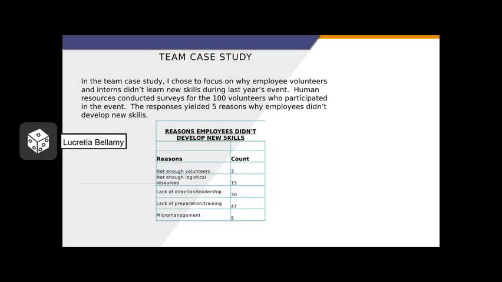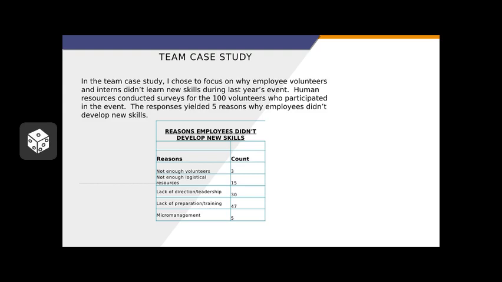In a team case study, I chose to focus on why employee volunteers and interns didn't learn new skills during last year's event. Human Resources conducted surveys for the 100 volunteers who participated in the event. The responses yielded 5 reasons why employees didn't develop new skills. One was that there weren't enough volunteers.